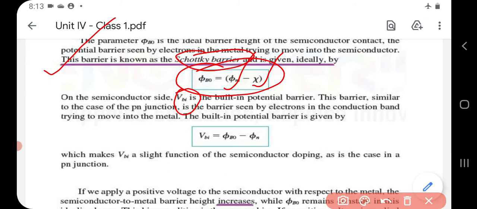It is nothing but the built-in potential barrier. This barrier is seen by the electrons in the conduction band trying to move into the metal, and it is given by the expression VBI = phi B0 - phi n. Phi B0, what is it? Schottky barrier.